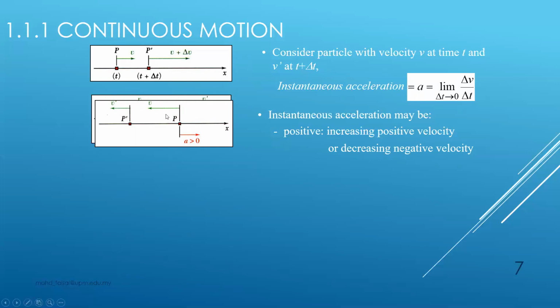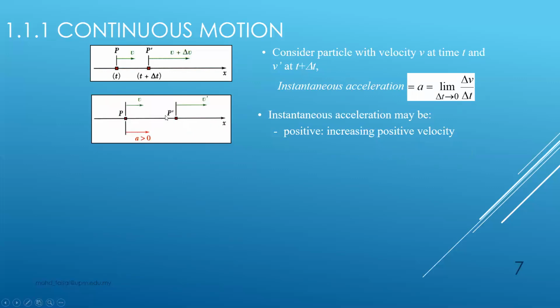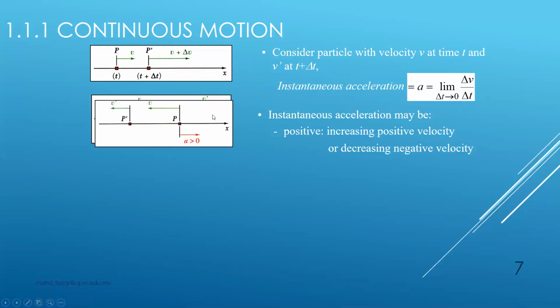Let's say just now point P was moving to the right, but now it is moving to the left. You can still see that the acceleration is a positive value, because it is a decreasing negative velocity.